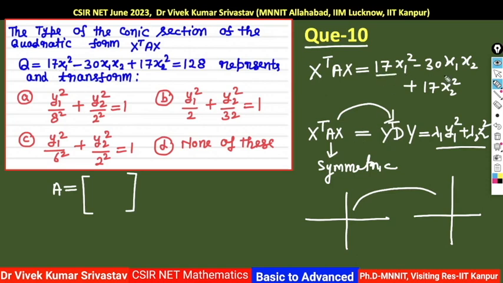These basically lie at the diagonal positions, x1 square and x2 square. So this is 17, and 17 will be here, and this is x1 x2. So this is a11, this is a22, and this is a12 and a21. Both are the same, right? For this case a21 and a12, because it is a symmetric matrix. So the coefficient is minus 30, we can write minus 15 here and minus 15 here.